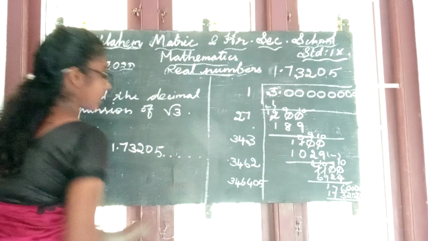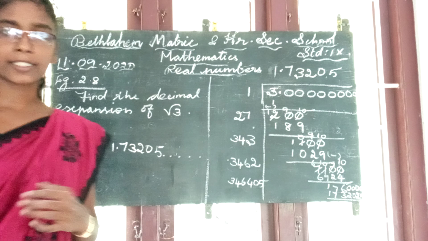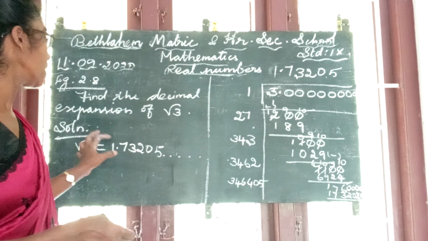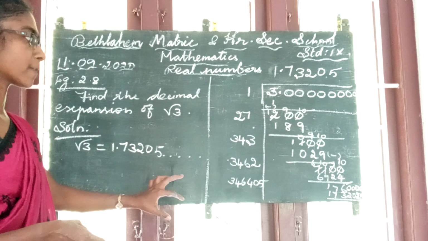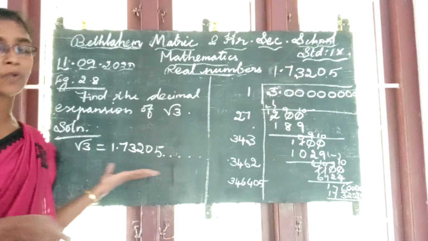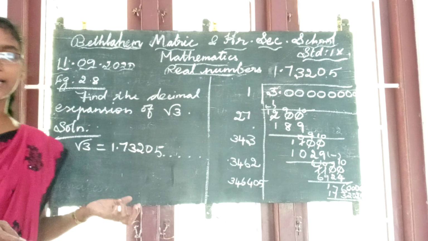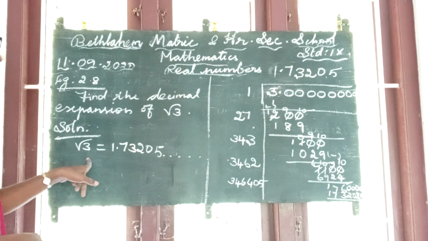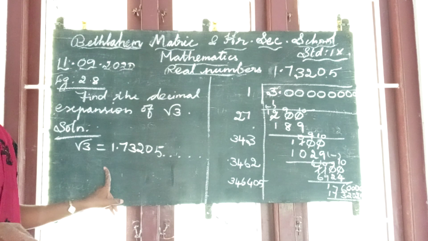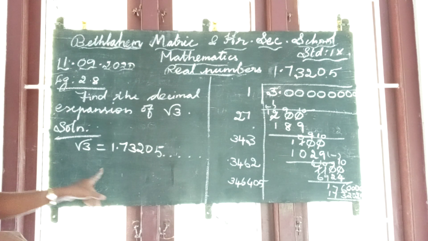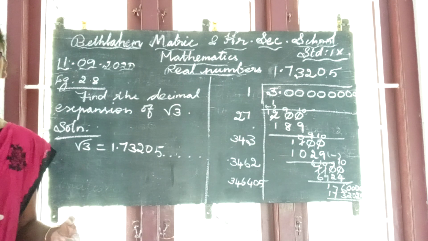It is going on, so we cannot predict the next digit. So it is a non-terminating and non-recurring decimal expansion. Therefore it is an irrational number. Can you understand this? Okay. Next we can go for the next problem.